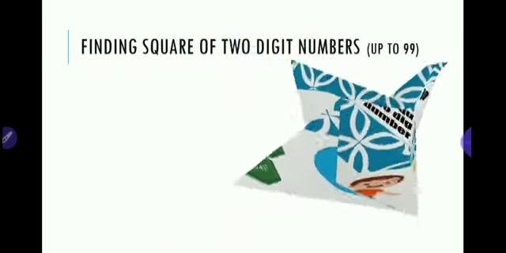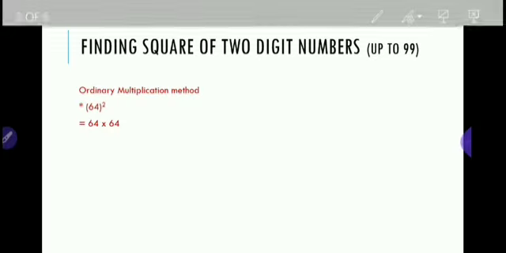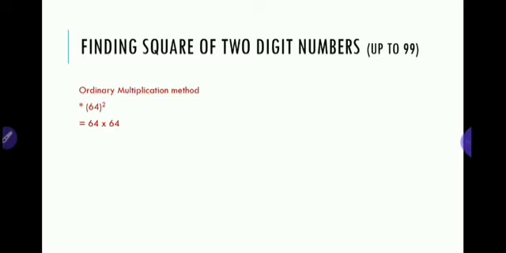So let us begin with one example in which we will solve it by the ordinary multiplication method. Let us find the square of 64. In the ordinary multiplication method, we multiply 64 by 64. First we multiply 64 by 4, and you get 256.